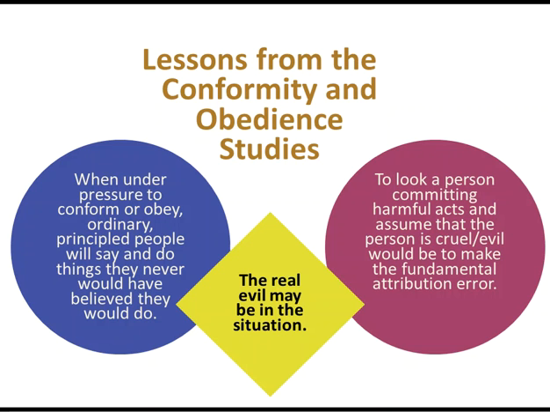The situations that are constructed are what make people perform certain types of acts that they normally thought they would never. So to look at a person committing harmful acts and assume that the person is cruel or evil would be making a fundamental attribution error.